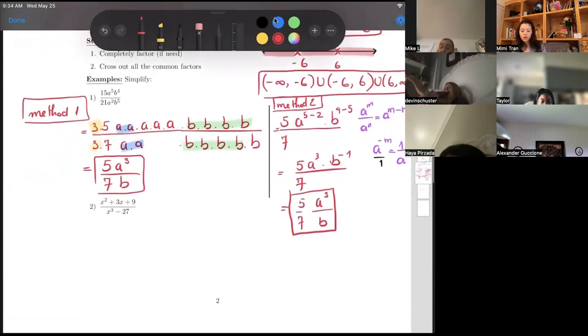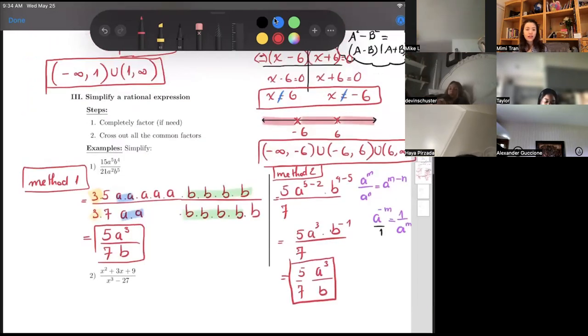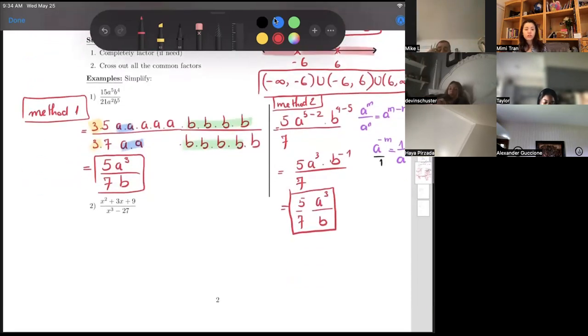All right, number 2, I have a polynomial now, right? A trinomial on the top and then a binomial on the bottom. So x squared plus 3x plus 9. Do you think I can factor the top? Remember, your first step is completely factor.